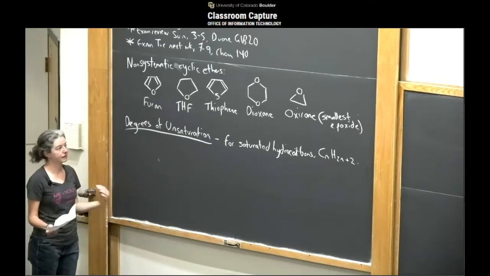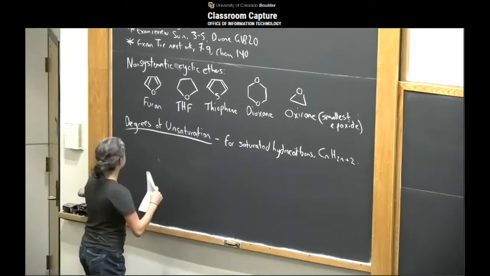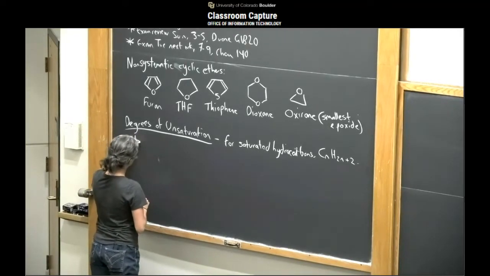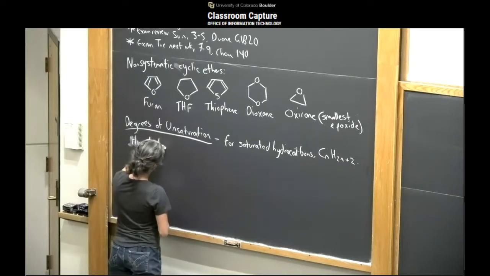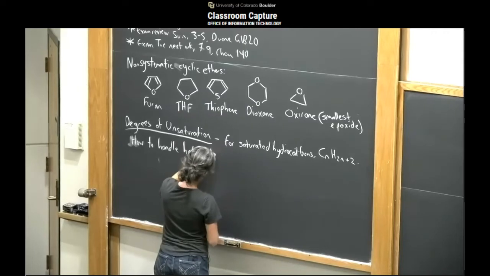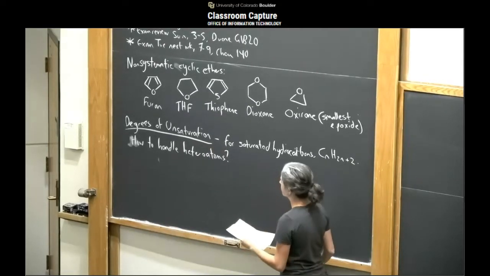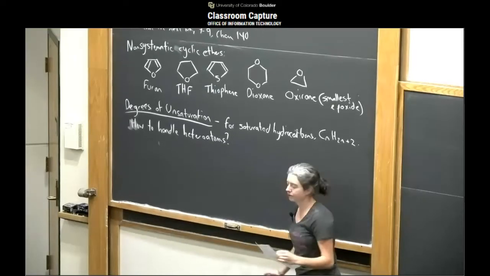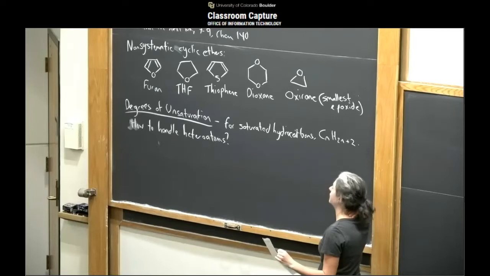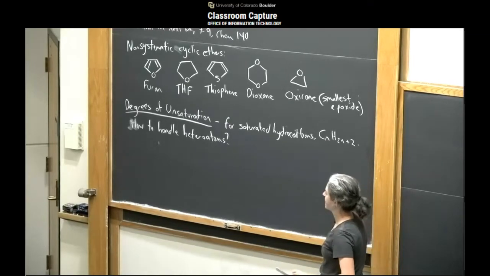Those of you who've taken lab, you've already seen this a little bit. Okay, so how to handle heteroatoms. There are other, more complicated versions of the equation that you can use to calculate it based on how many carbons, H's, O's, N's, and halogens.